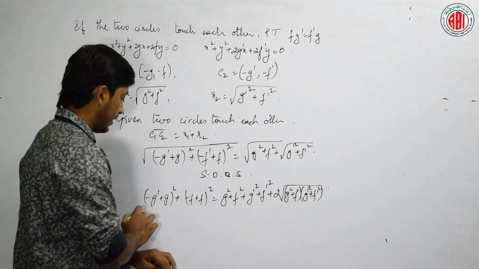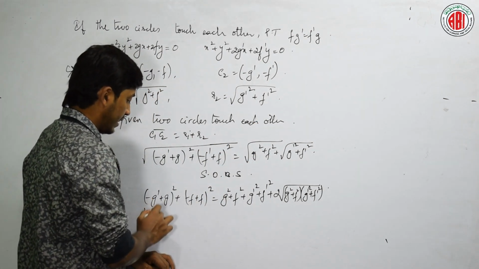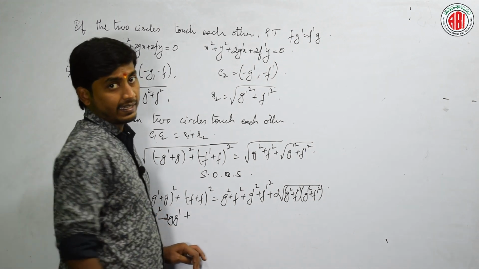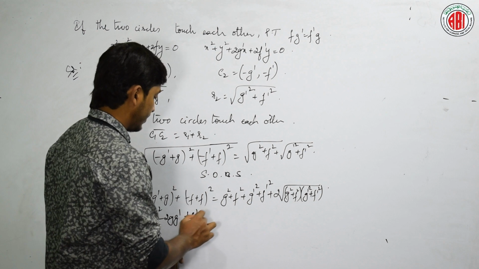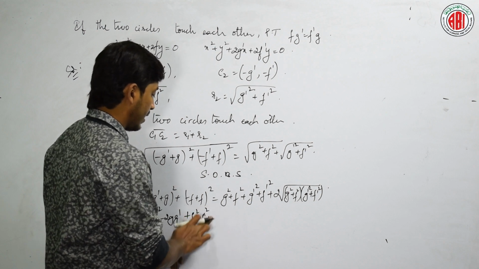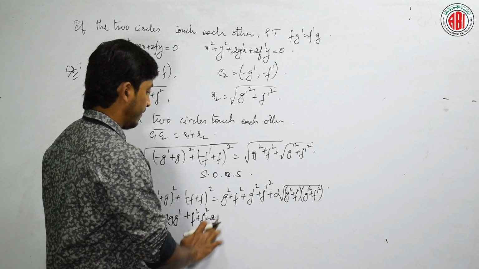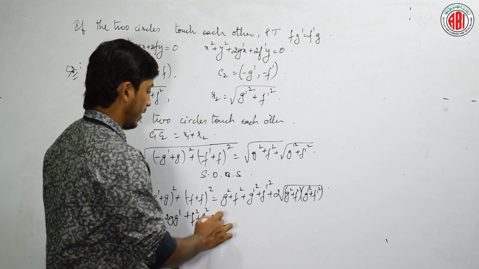What do I get here? g square plus g dash square minus 2gg dash, and here f square plus f dash square minus 2ff dash.